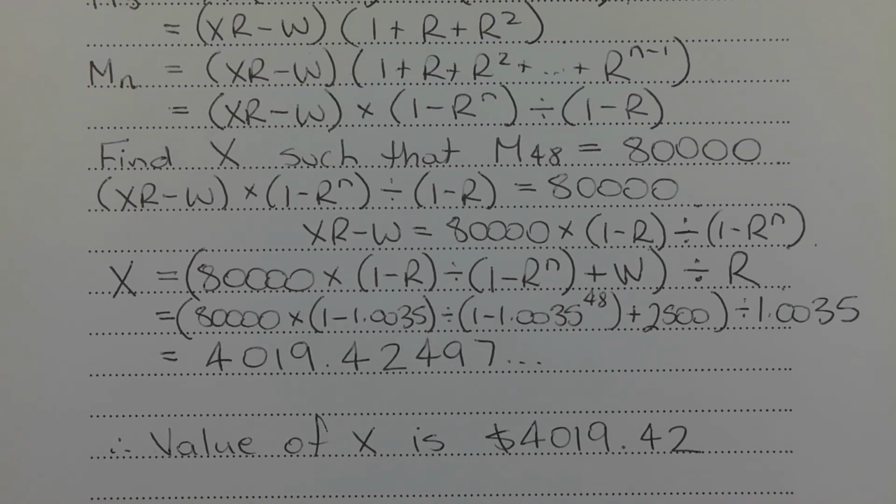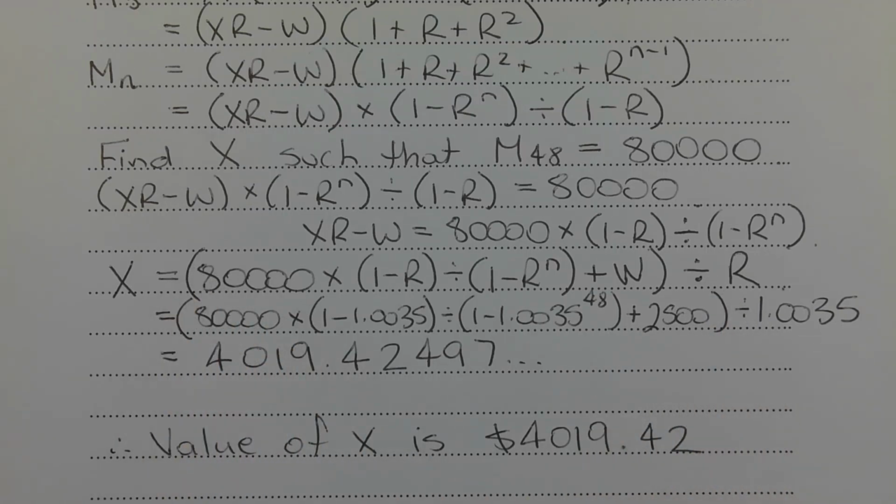Now at this stage, we can substitute the values for R and W and then evaluate the expression. So we get X is equal to 80,000 times (1 minus 1.0035) divided by (1 minus 1.0035^48), plus 2,500, enclose all of that in brackets.